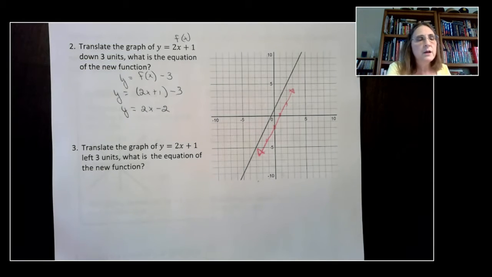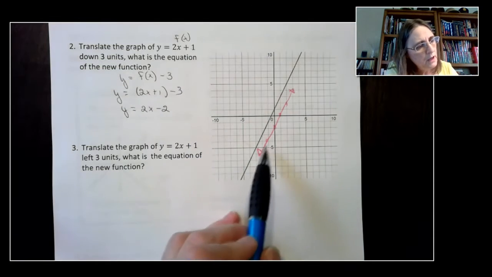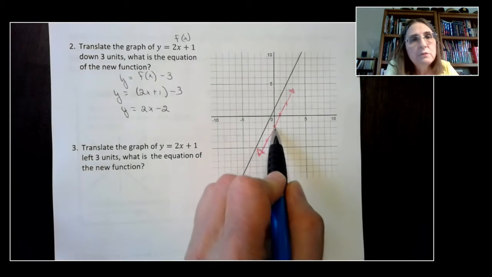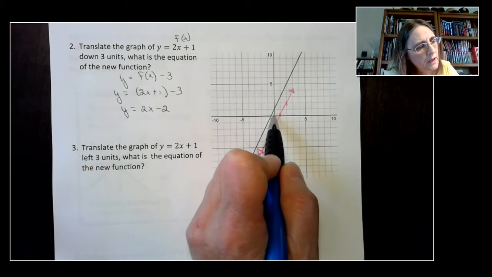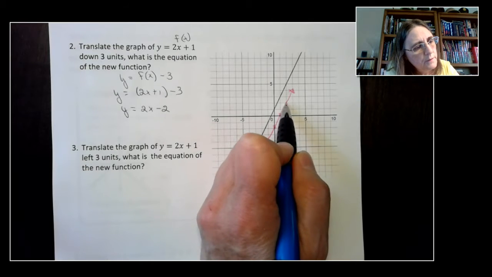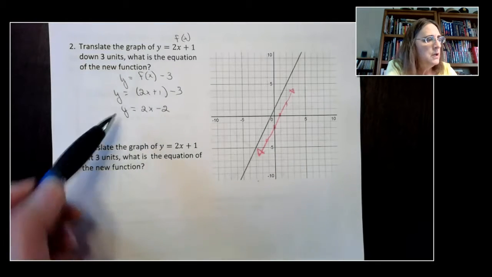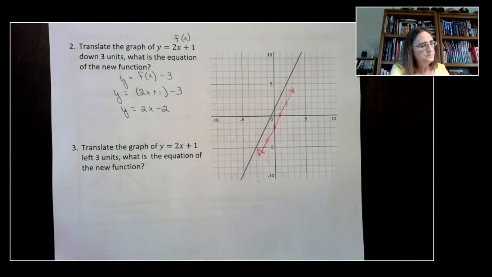Let's see if that matches our graph. As we take a look at this pink graph here, our y-intercept is negative 2, and it has a slope of 2.